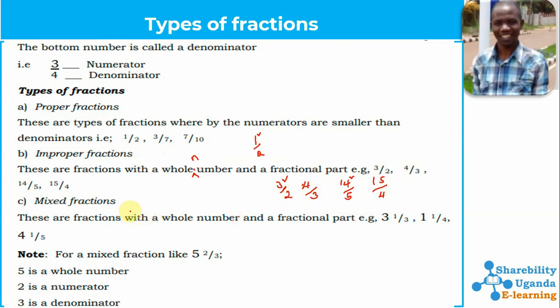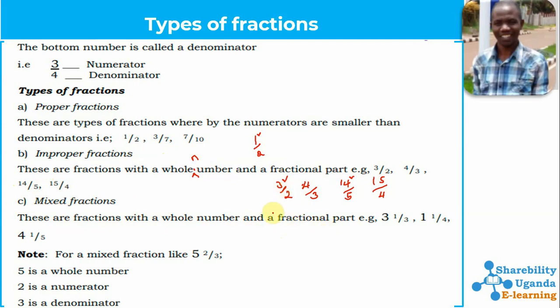Then we also come to what we call mixed fractions. We are saying these mixed fractions are fractions with a whole number and a fractional part. They have what we call a whole number.